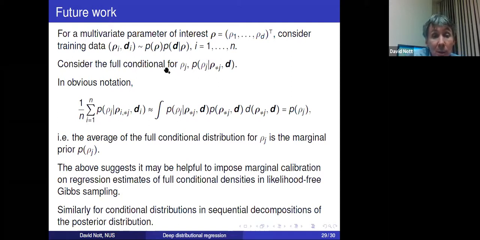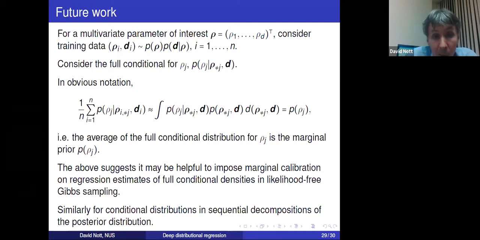If you consider simulating parameters and data from your joint Bayesian model, and consider the full conditional distribution for a certain component of your parameter vector, then the average of the full conditional, averaging over the training observation values you would use to estimate the jth component of the response conditionally on the other parameters in the data, is equal to the marginal distribution for the prior.